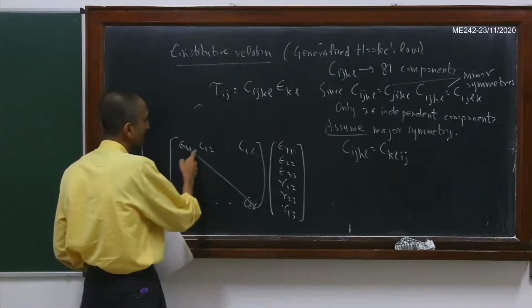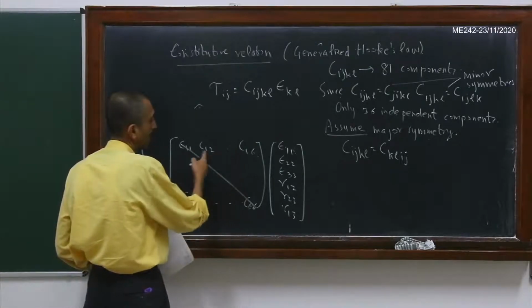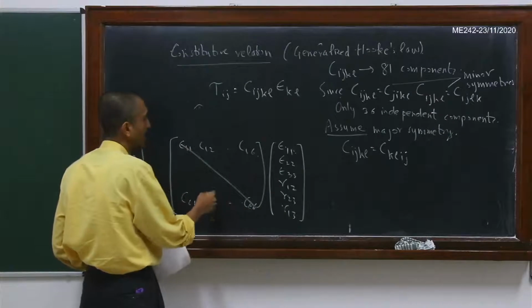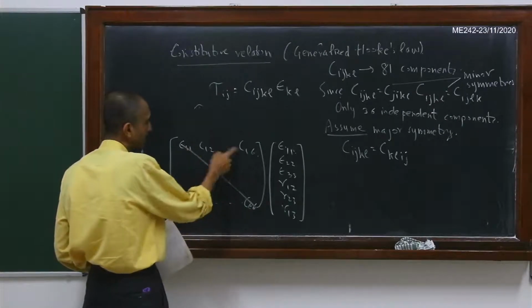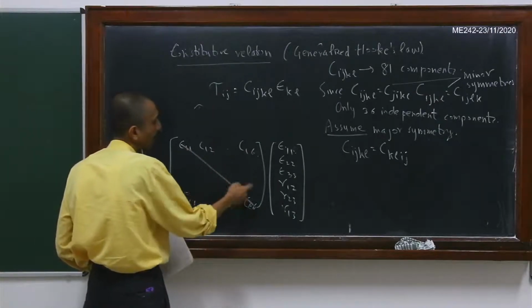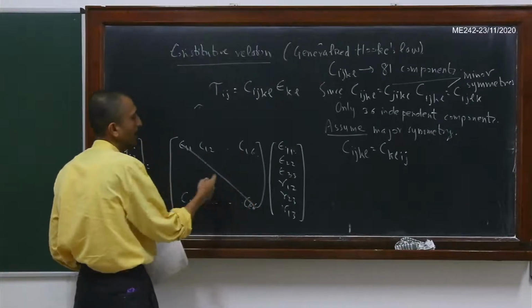So that means now you will have only 21 independent components, right? Because it is 6 plus 5 plus 4 and so on up to 1. So that is 21 independent components.